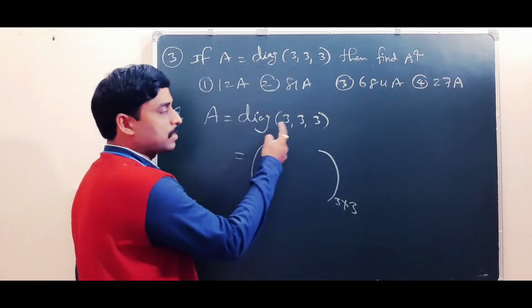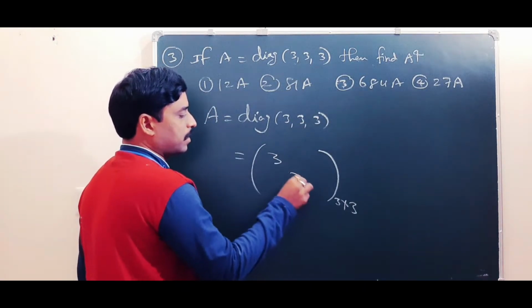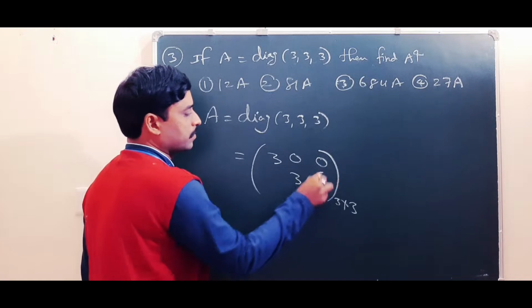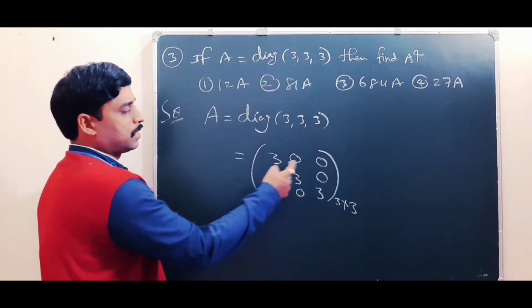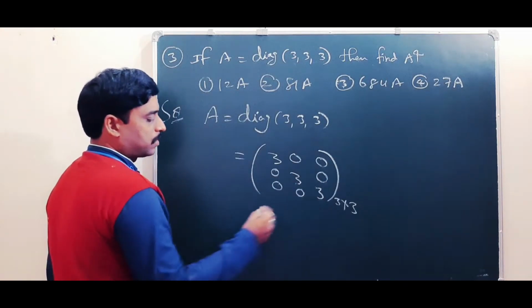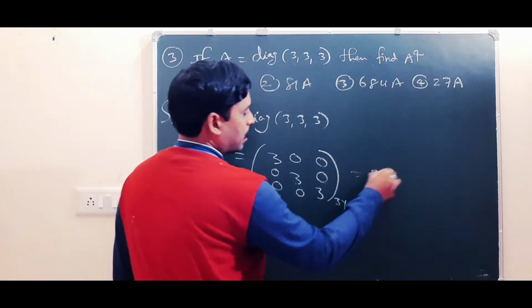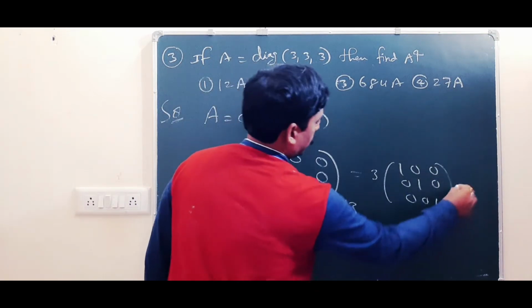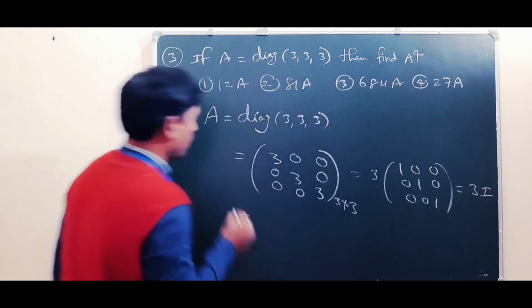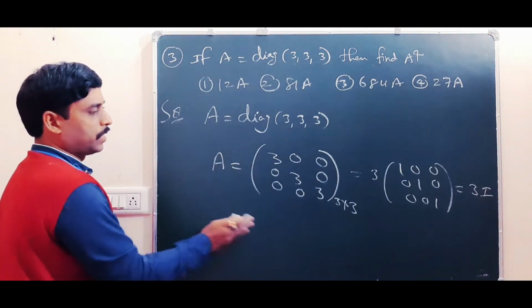The diagonal elements are 3, 3, 3, remaining all are zeros. So this is nothing but 3, 0, 0, 0, 3, 0, 0, 0, 3. In this, if we take 3 out common, it will be the unit matrix. So A is equal to 3 into I.